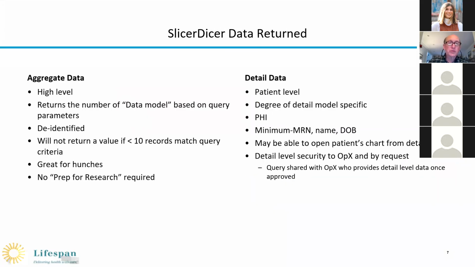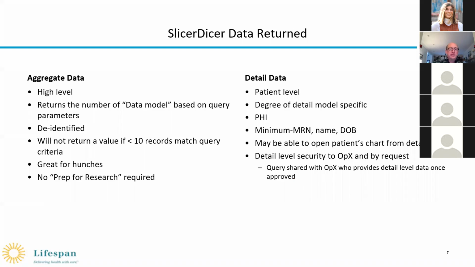So again, what's returned? Well, SlicerDicer can return two levels of data. It can return what's called aggregate data, and those of you who have used SlicerDicer, that's what you're used to seeing. That's what we usually grant to most users. It's granted by what's called a security point for SlicerDicer, and that returns high-level data. So again, it's the number of whatever data model we're talking about based on the query parameters.